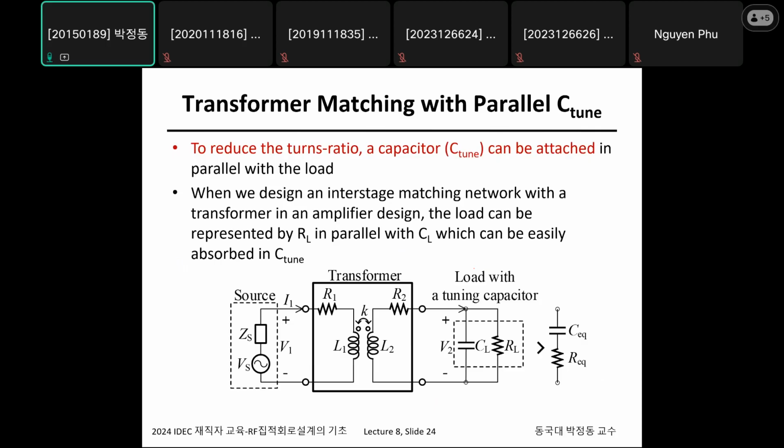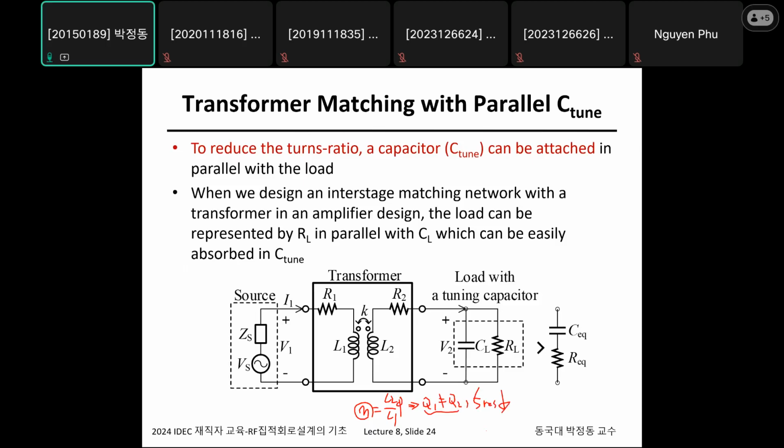The ratio N is given by L2 divided by L1. If you want to achieve a large N, it means Q1 and Q2 are different, which is very, very difficult to control. Also, the resonance frequency is reduced.